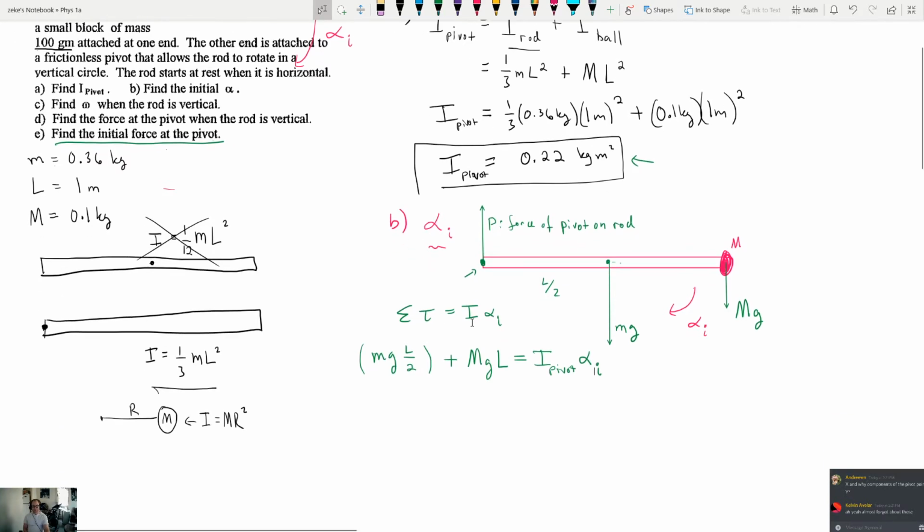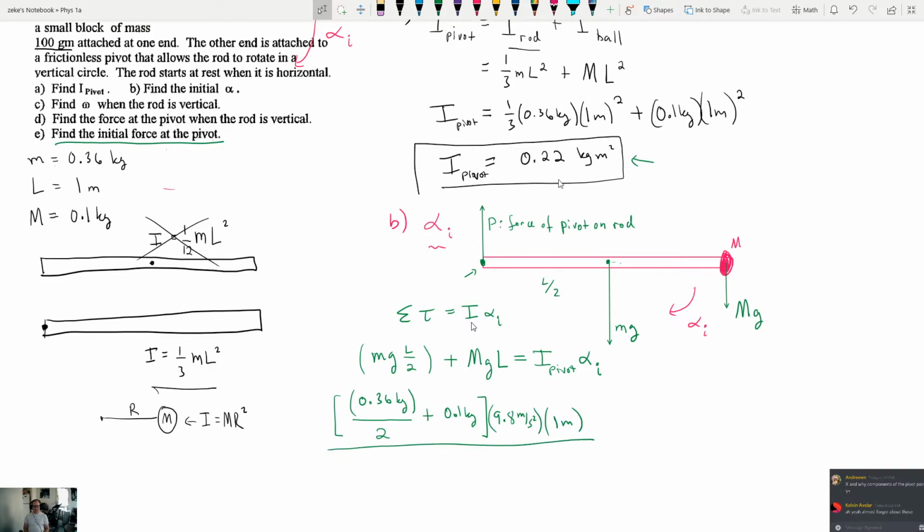Let's plug all the numbers in. Okay, so little m was 0.36, divided by 2, plus big M is 1.1 kilograms. Both of these have g times L in them, so I'm going to pull that out to the outside. Then L is 1 meter. And we need to divide all of this by I pivot, which is right there.